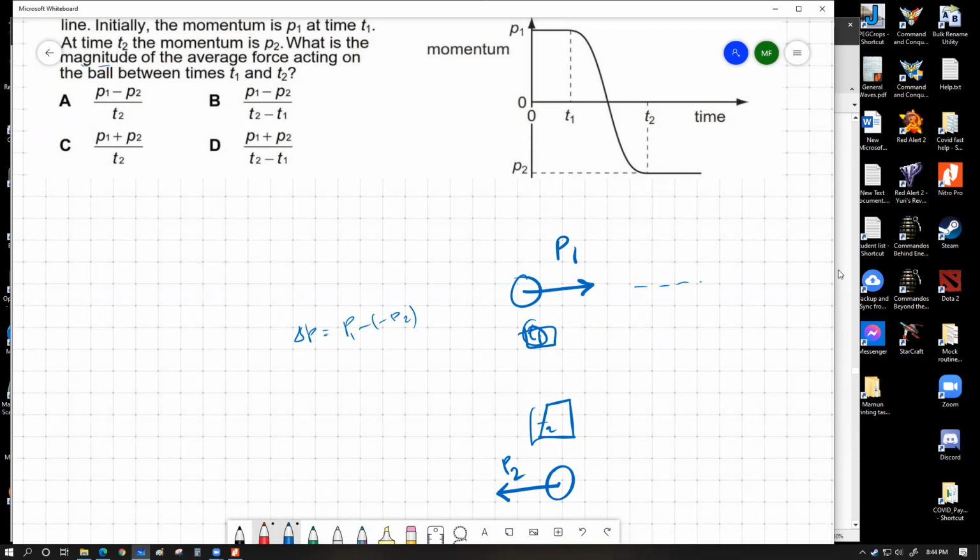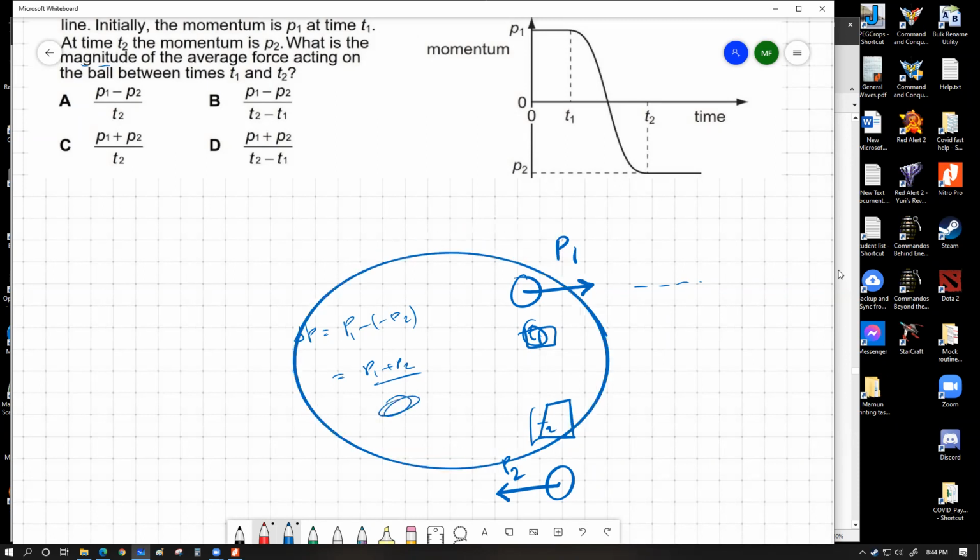That is why I didn't bother about final minus initial, which should give you p1 plus p2 divided by the time difference. That is very simple, but that's not the case for this question. The question has given you a graph where this value is mentioned as p1 and this value is mentioned as p2. This p2 is not written as minus p2, it is written as p2.